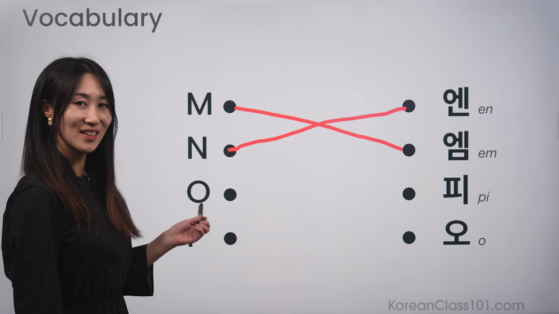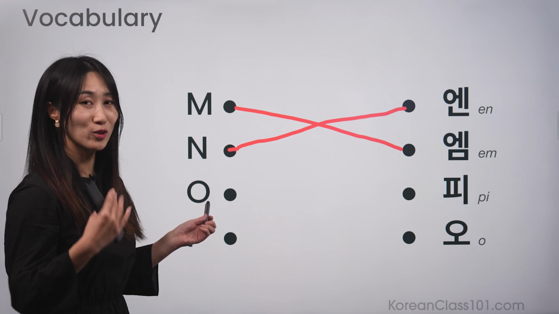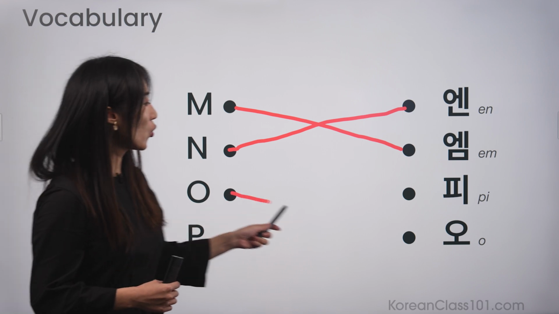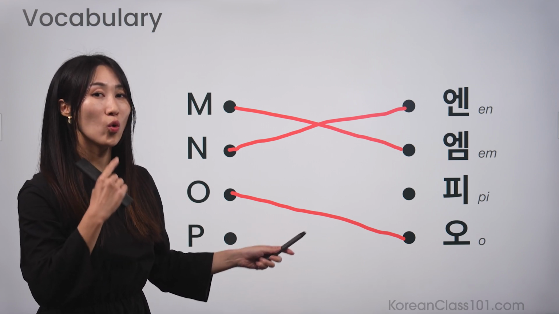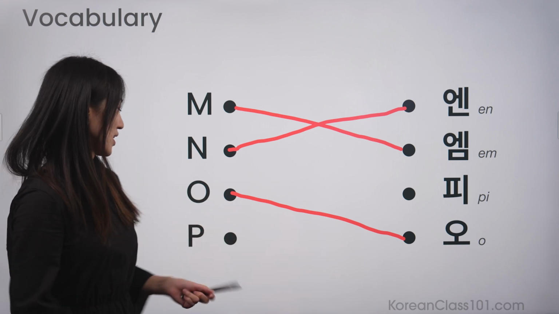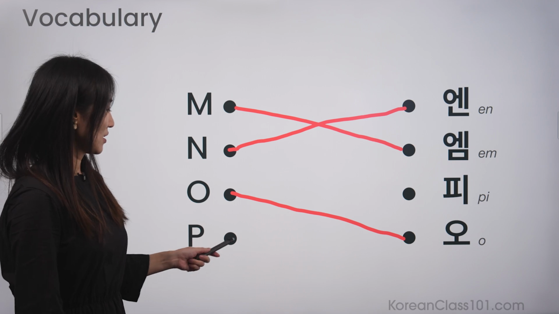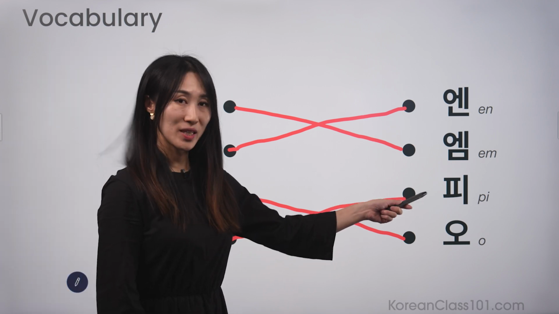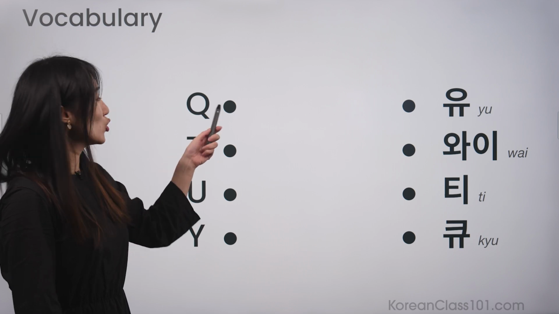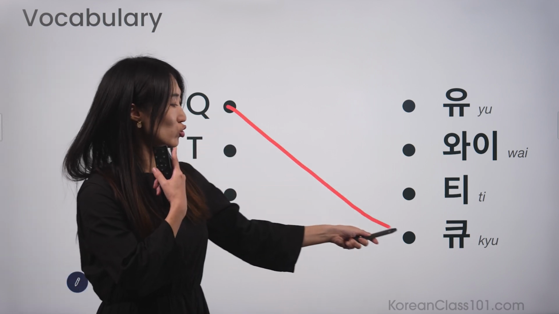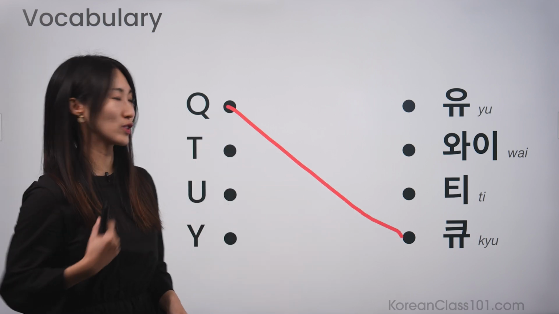But how about this? This is not O in Korean, but it's more like O. It's not O. It's O. One syllable. O. And next is P. And next is Q. This is Korean pronunciation.